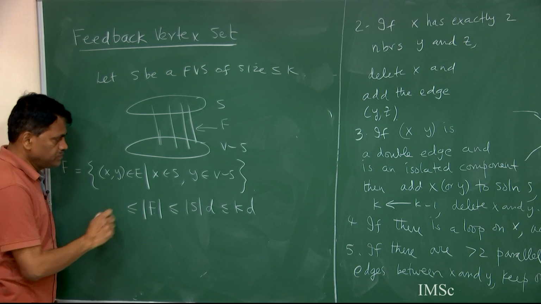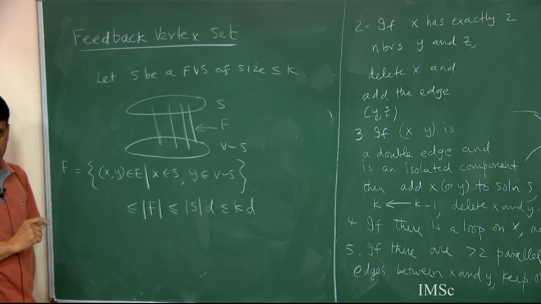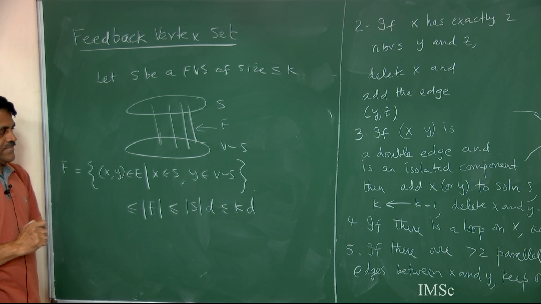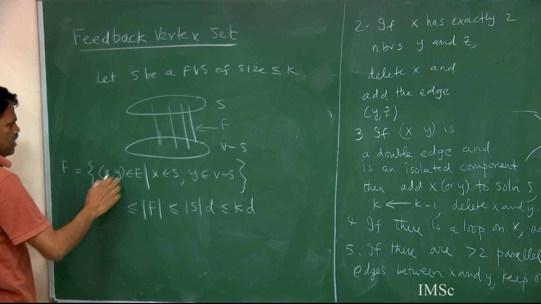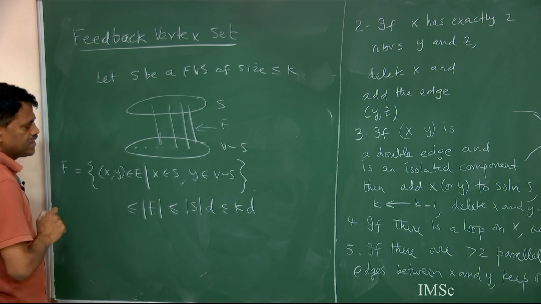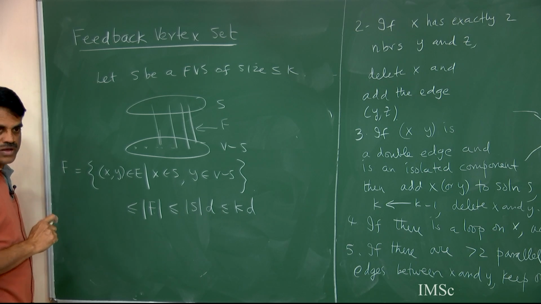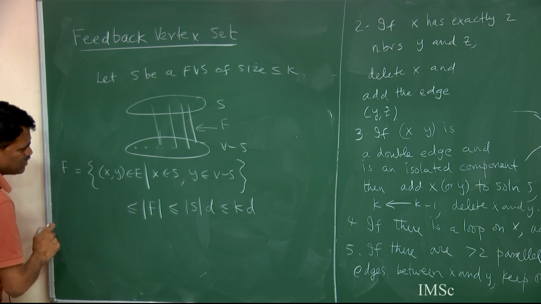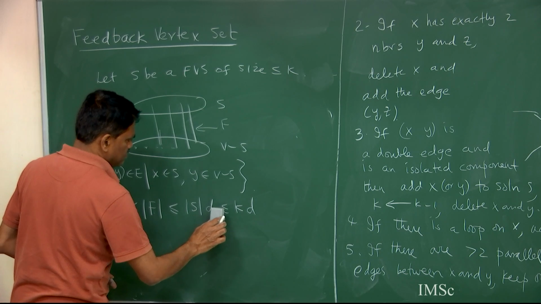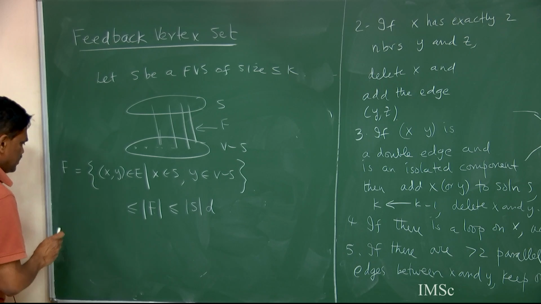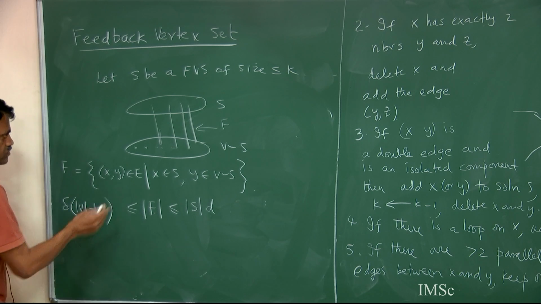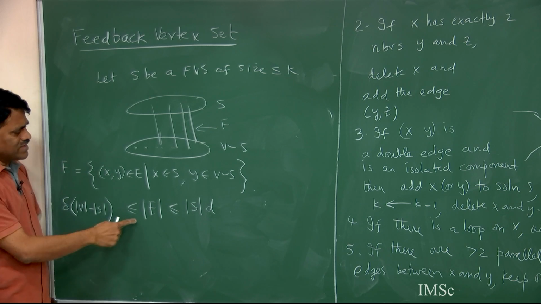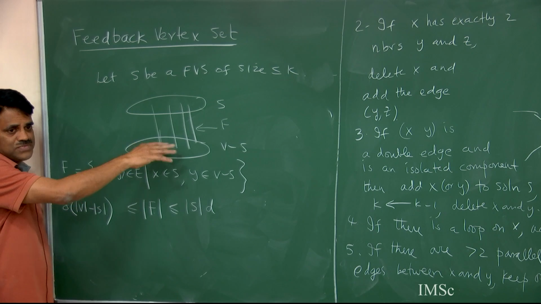Some of them may be inside, but even with the conservative estimate that all of them are going across, this is at most k times d. Now I want to give a lower bound using the minimum degree bound. So how many edges are going across here? Each vertex here has degree at least 3, so it's at least delta times the size of V minus S. But I can't say it's at least that much because a lot of edges may be inside.